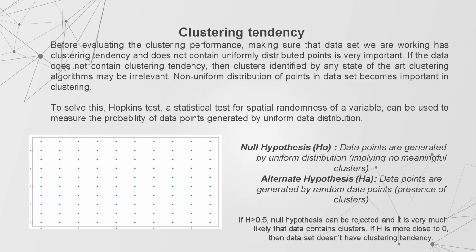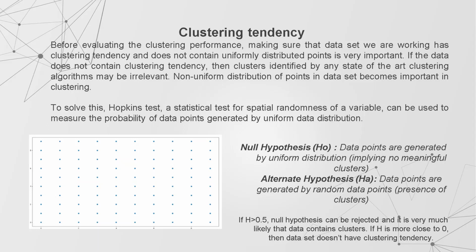To solve this, the Hopkins test, a statistical test for spatial randomness of a variable, can be used to measure the probability of data points being generated by a uniform data distribution. Null hypothesis: data points are generated by uniform distribution, implying no meaningful clusters.